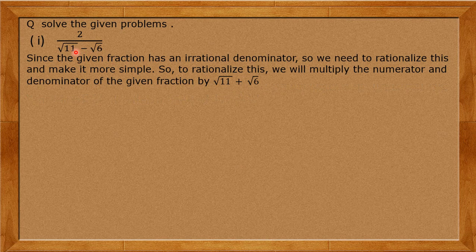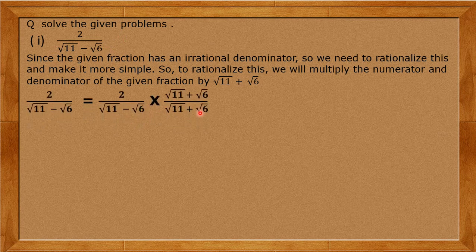To rationalize this, we will multiply the numerator and the denominator of the given fraction by square root 11 plus root 6, or in other terms, we multiply and divide the given fraction by the denominator with opposite sign, that means square root 11 plus square root 6, like this.